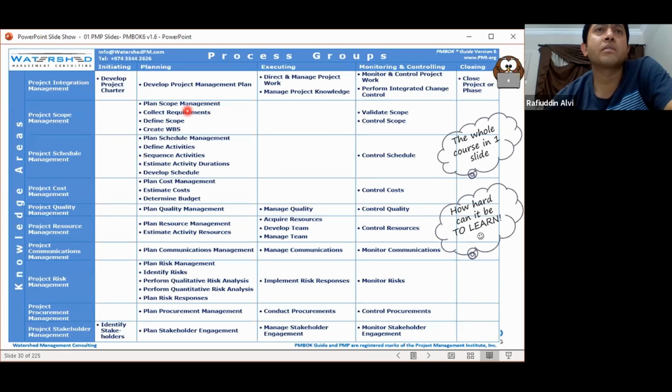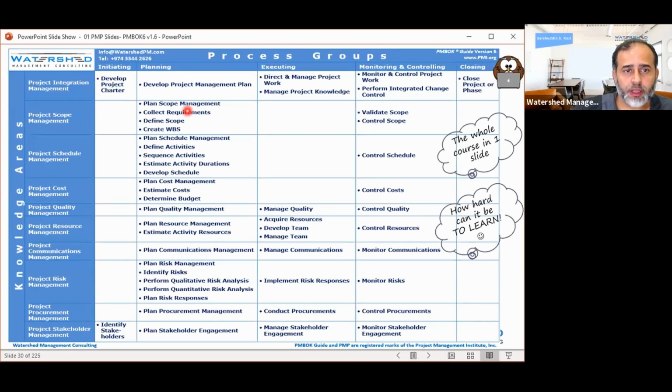Identify stakeholders, because if you don't do identify stakeholders, you cannot go to planning. Understood? You got to finish initiating to go to planning, correct? Initiating has two processes.